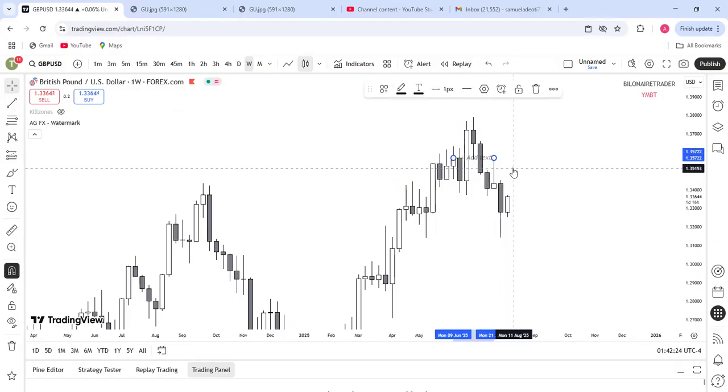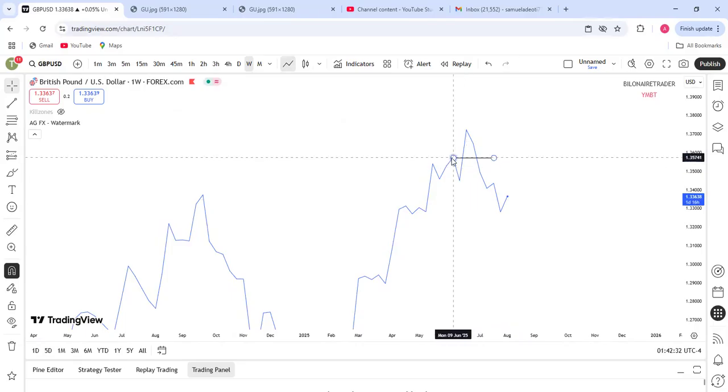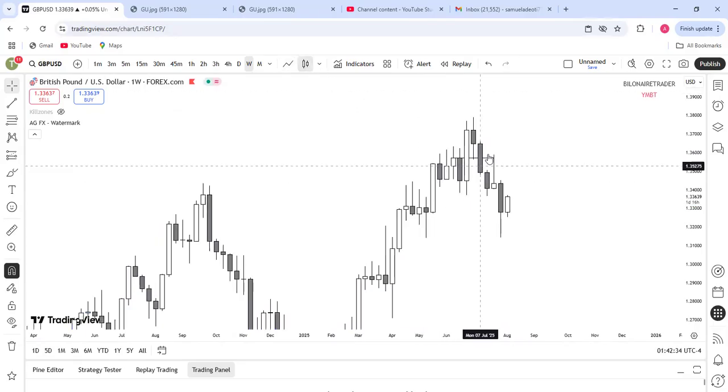About 2 weeks ago, price touched into this A-shaped key level and closed below. Last week came and broke below it, giving us a full body closure below this V-shaped key level. So I'm anticipating more bearishness to the downside this week.